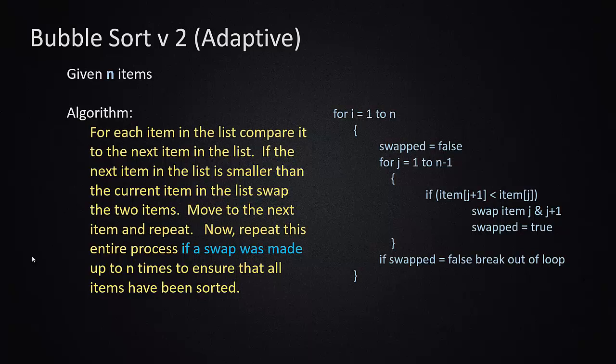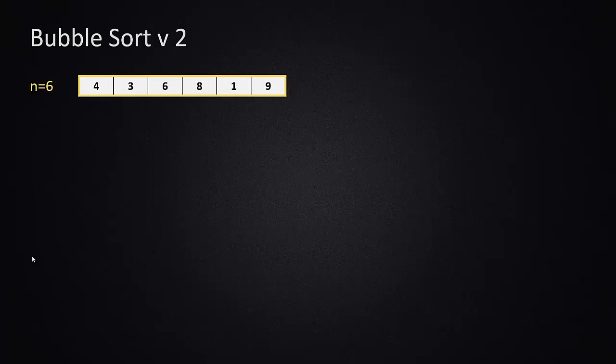If the swap is not made, then we want to end. So in our pseudocode version, that is added in here with the swapped equals false, swapped equals true, and if swapped equals false, break out of loop lines in our pseudocode. Swapped will be false as long as no swaps were made, in which case the outer loop will break and we will be done early. See how that works.